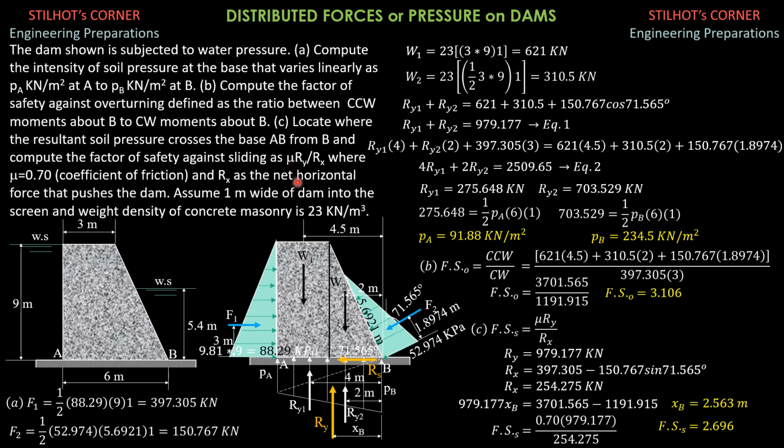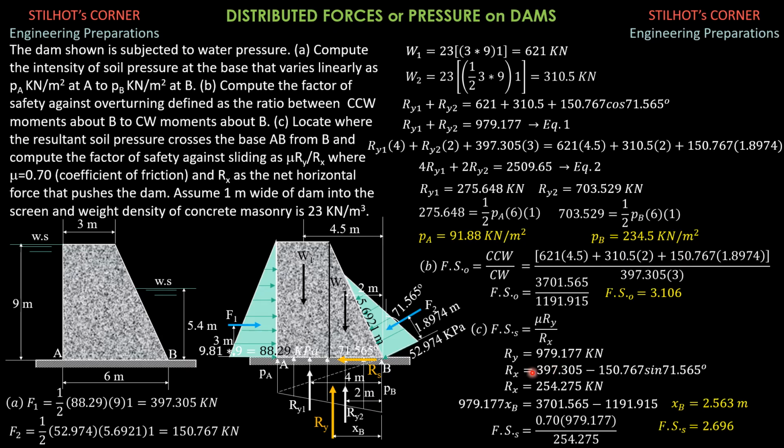Then for part C, compute the factor of safety against sliding, defined by that equation, where mu is 0.7, the coefficient of friction, and Rx is the net horizontal force that pushes the dam. So mu Ry over Rx. Ry is already computed. This is Ry1 plus Ry2.